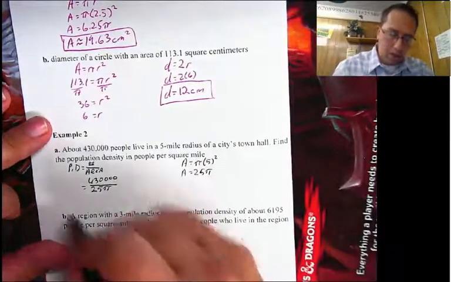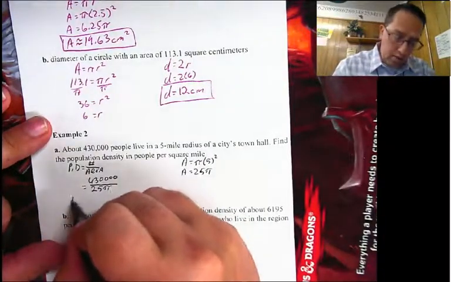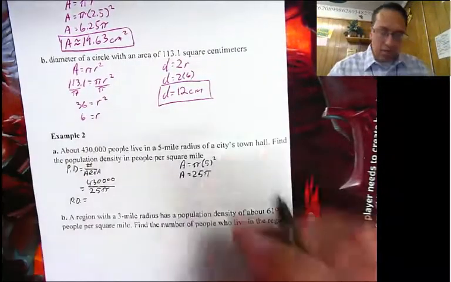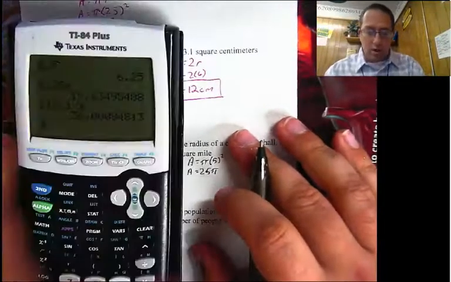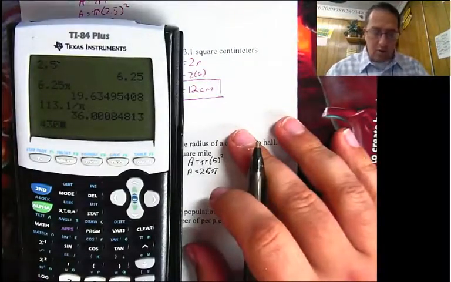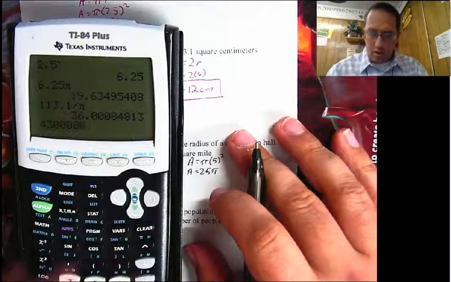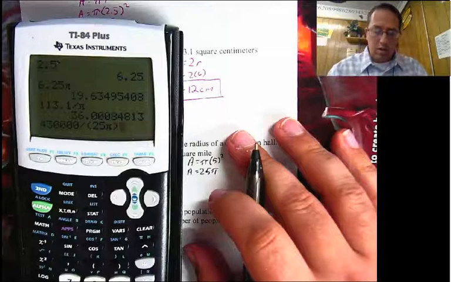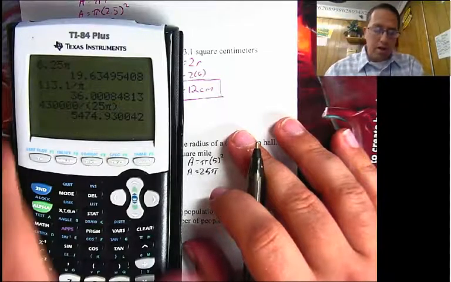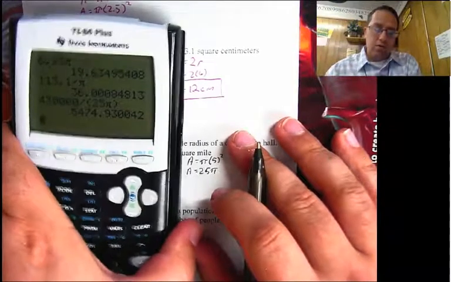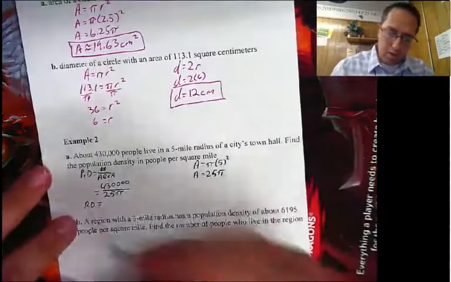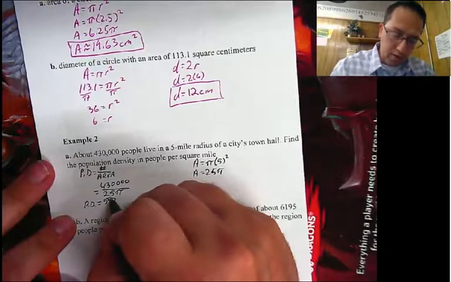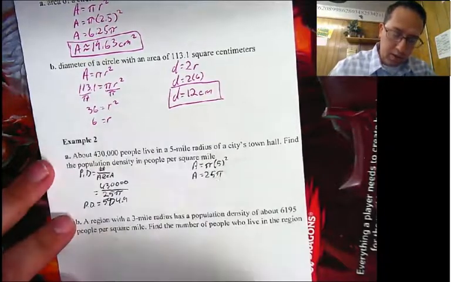All right? And so population density is going to be approximately, now this I'm going to type it in, so 430,000 divided by 25 pi, which is 5,474.9.